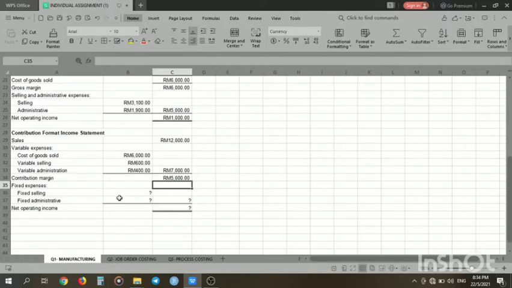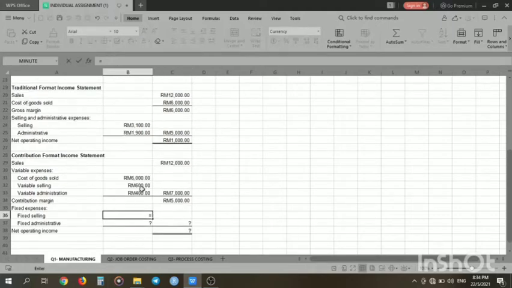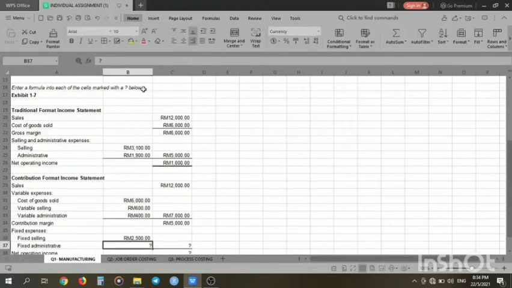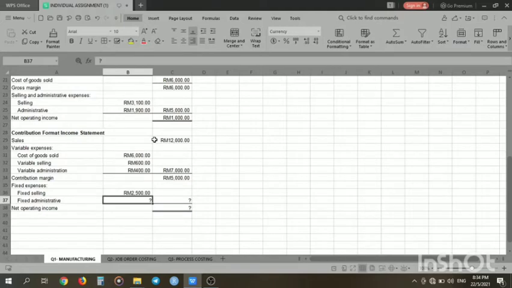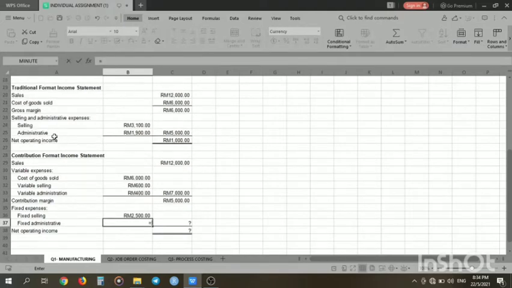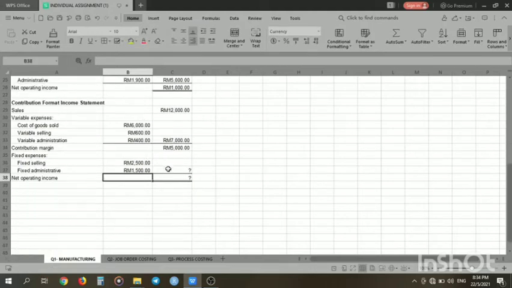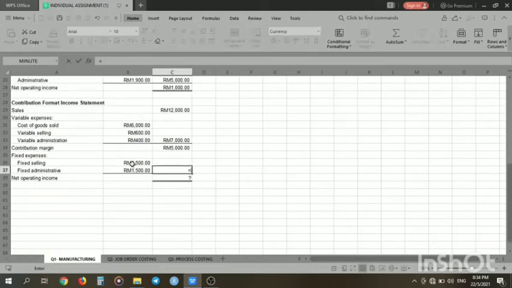For fixed expenses, fixed selling should be 2,500 ringgit, and fixed administrative should be 1,500 ringgit. The total of fixed expenses is fixed selling plus fixed administrative.